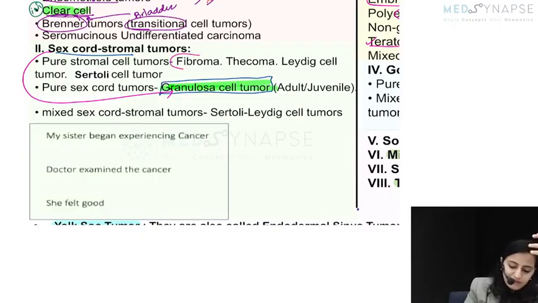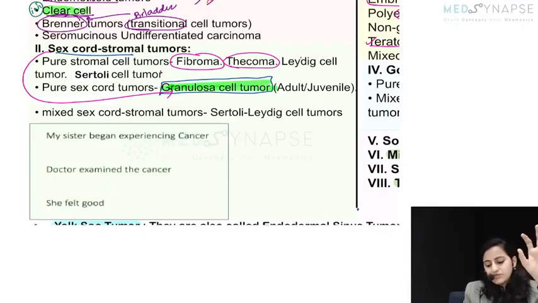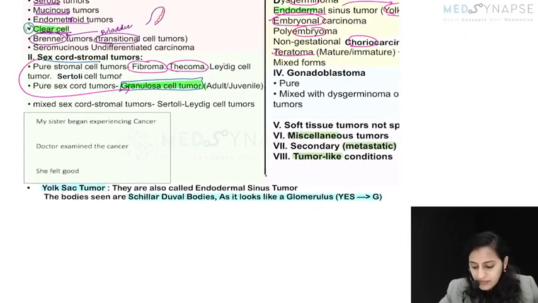Stroma includes fibrous tissue: fibroma, thecoma, Leydig cell, Sertoli cell, granulosa cell. So sex cord and stroma. So remember it like this. You'll remember the tumor names better. Fibrous, thecoma, granulosa, Leydig, Sertoli. It's all the sex cord stromal tumor.